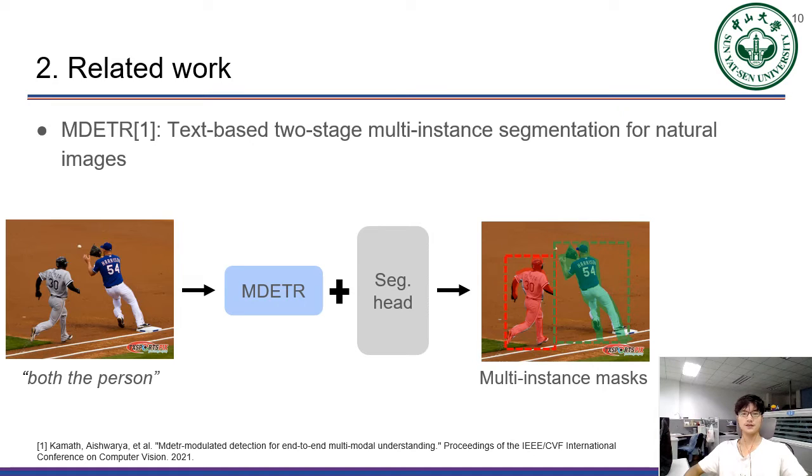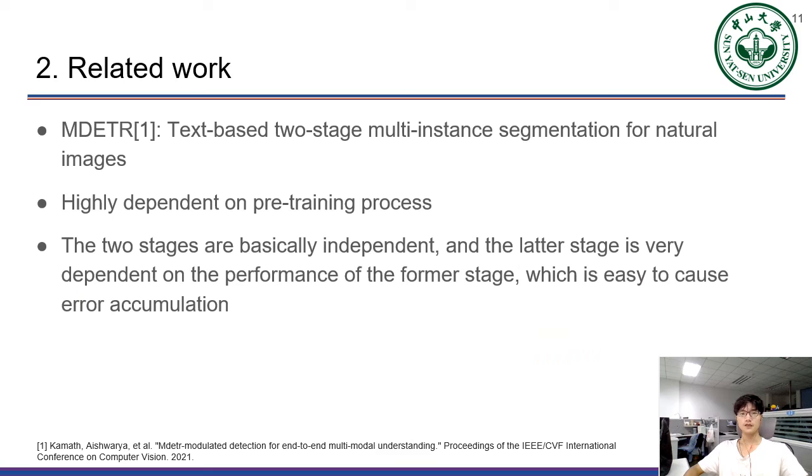In stage 2, fix the target detection model parameters, and add a segmentation head for separate training to finish the multi-instance reference segmentation task. MDETR is highly dependent on the pre-training process. The two stages are basically independent, and the later stage is very dependent on the performance of the former stage, which is easy to cause error accumulation.